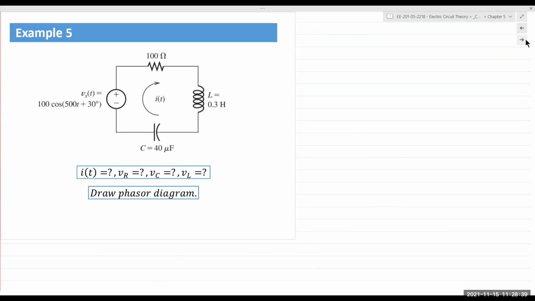What I mean is you will replace all the components in there with their complex counterparts, meaning represent everything with complex numbers, right? So voltage Vs will be represented with a phasor of Vs. The resistor, inductor, and capacitor will be represented with their respective impedances. So once we do that, you get a circuit diagram that looks like this.